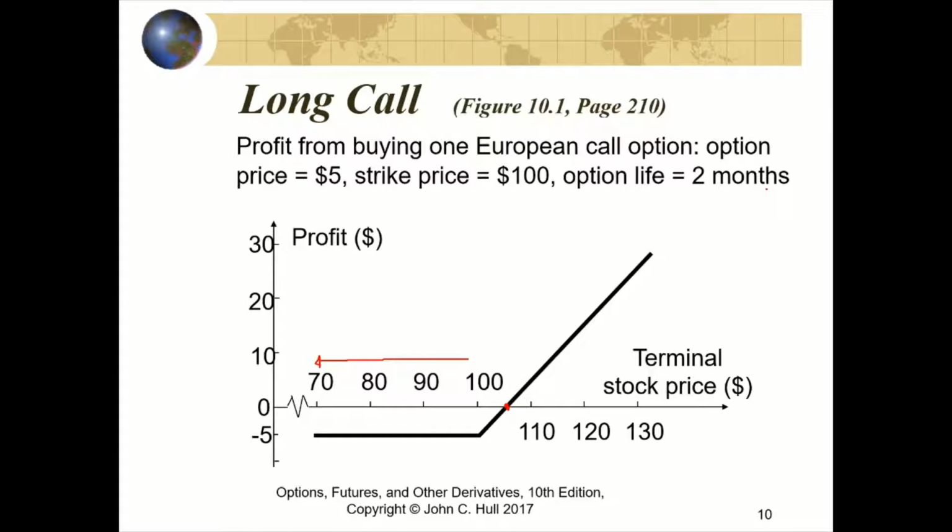At least from a theoretical point of view, there is no limitation. The stock price can increase as high as possible, so we can see here the upside potential is unlimited. Okay, how about the downside risk? If the stock price went down, my maximum loss will be the amount I paid as a premium.